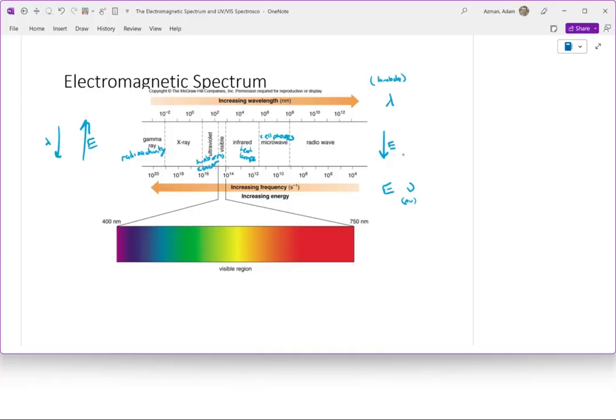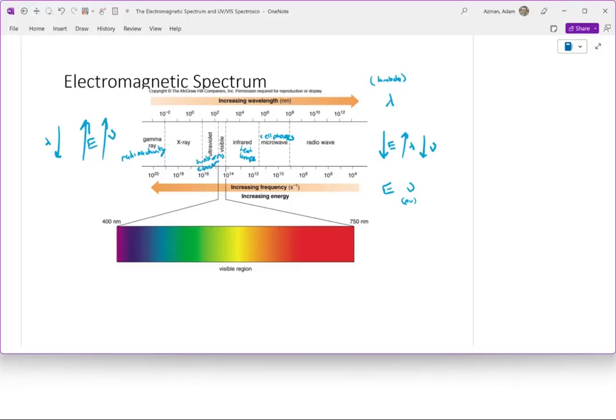When we have a lower energy, we have a longer wavelength. Energy is proportional to frequency, so where we have higher energy, we have a higher frequency, and where we have lower energy, we have lower frequency. All right, even as I'm saying this out loud, I can hear myself confusing myself.